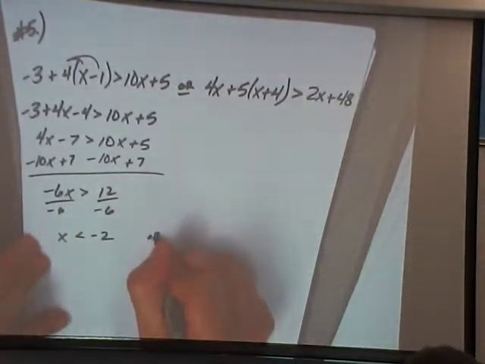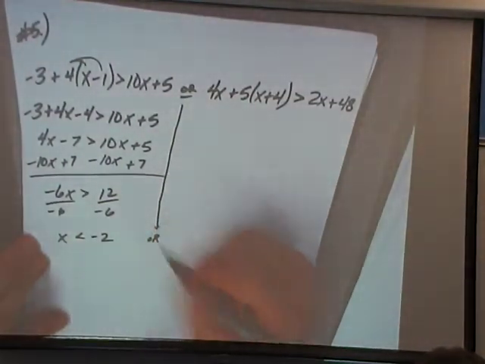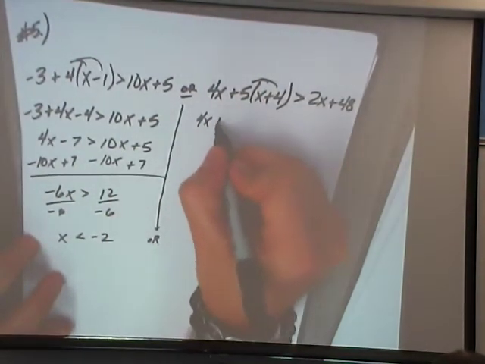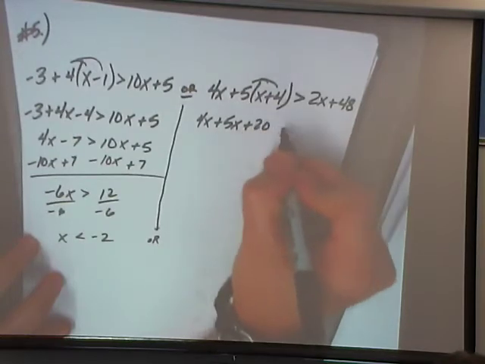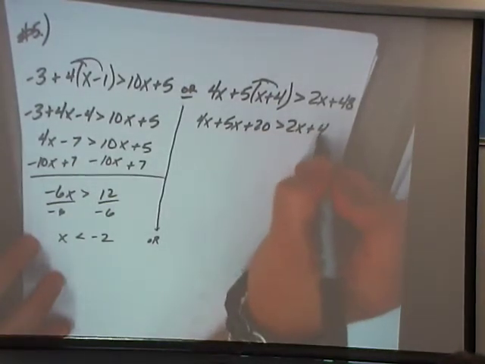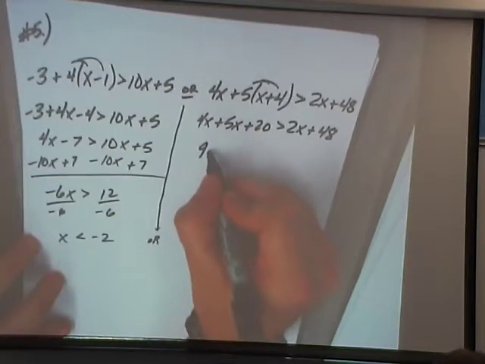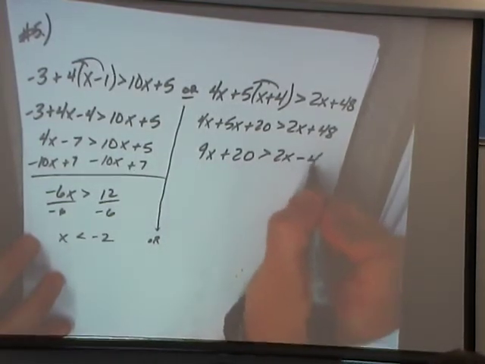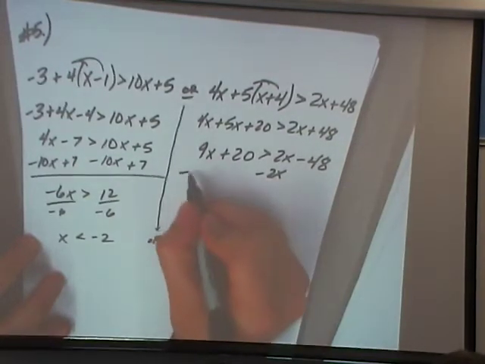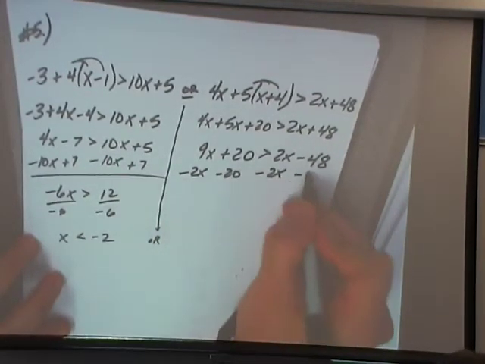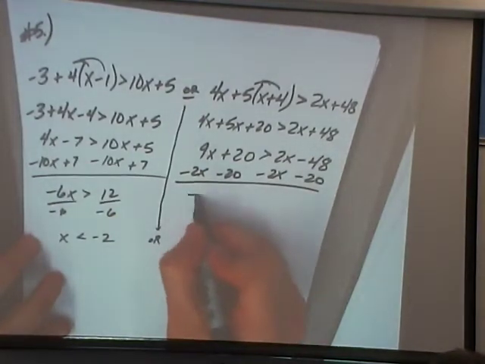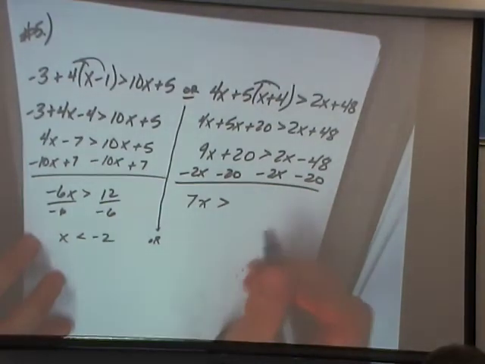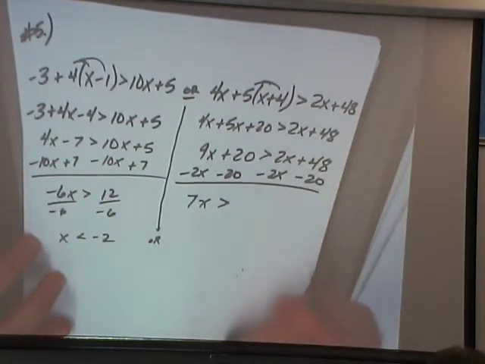Or, distribute. Combine like terms. So it'd be 28.